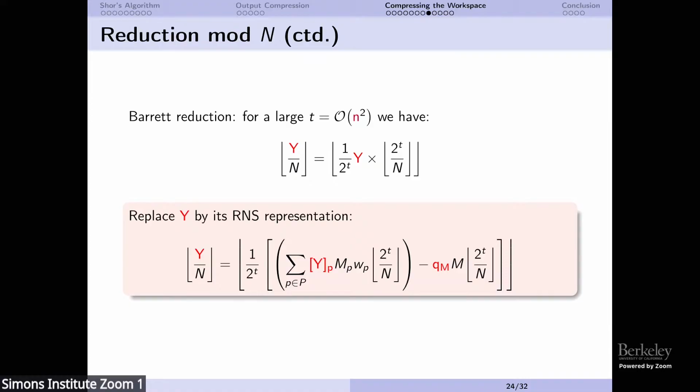So you take a very large t, and it's very large because the integers involved are very large. The y here is very large, and you can have an equality. So if it's large enough, you can have an equality between this, the actual quotient by n, and then this, which is, well, multiplying by, again, a very big pre-computed constant, and then shifting the bits.